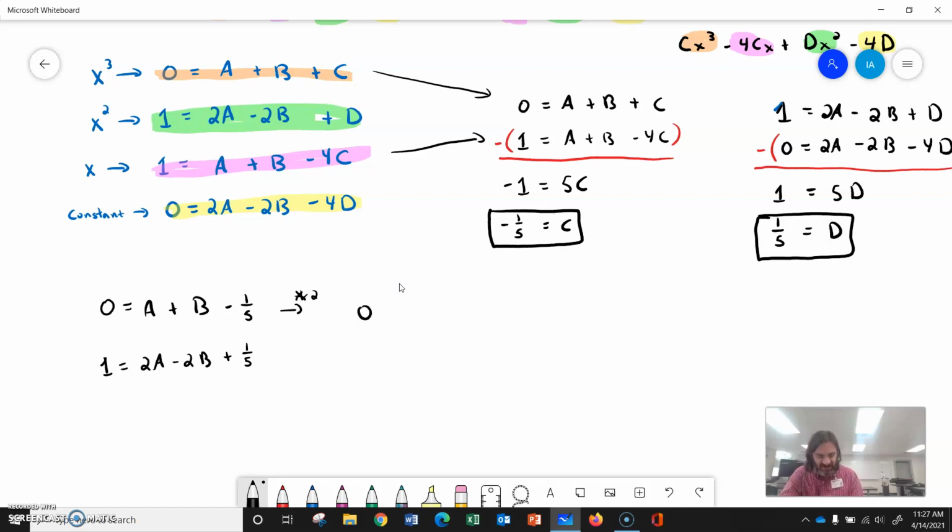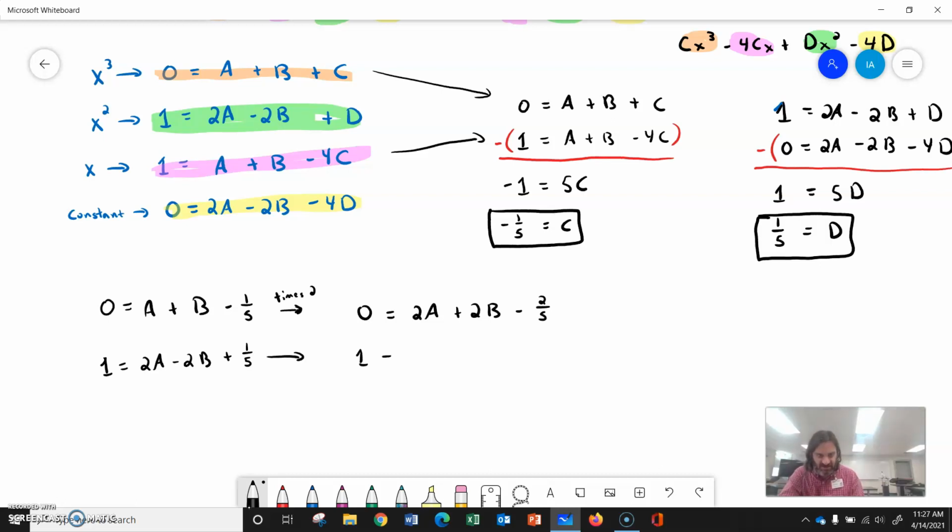Let's say times 2. So 0 times 2 is 0. Then we'll have 2a plus 2b minus 2/5. And then let's bring the other equation over.